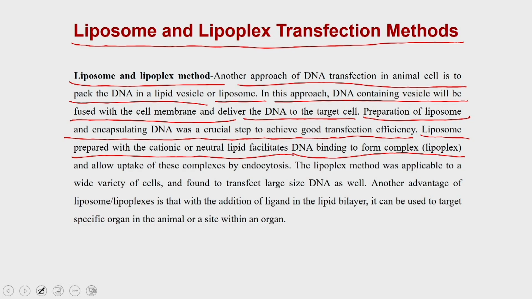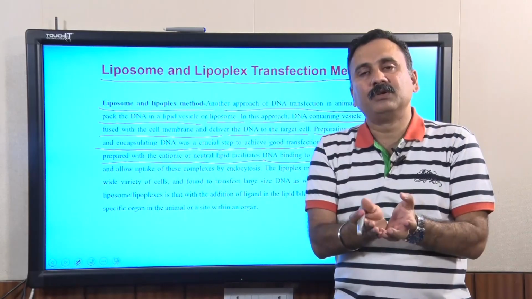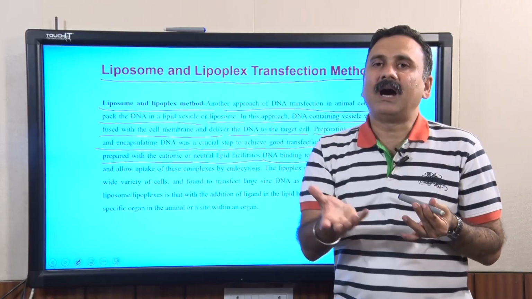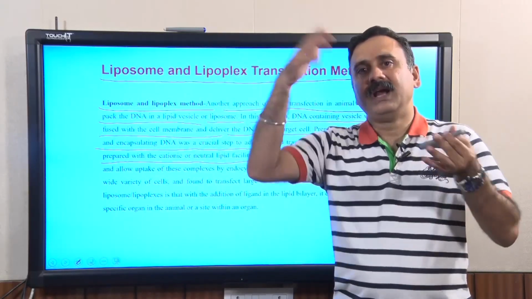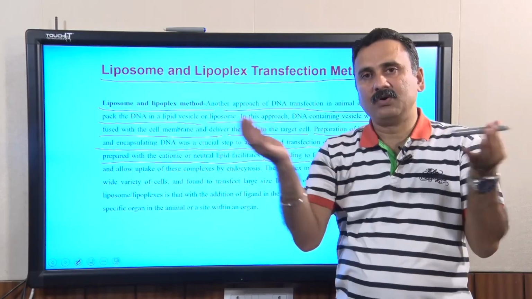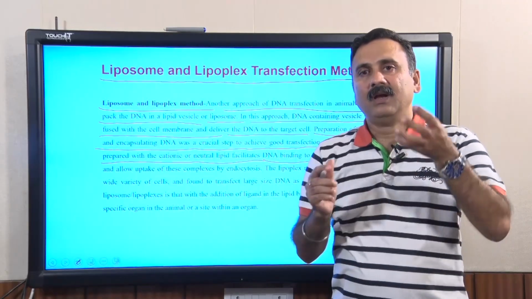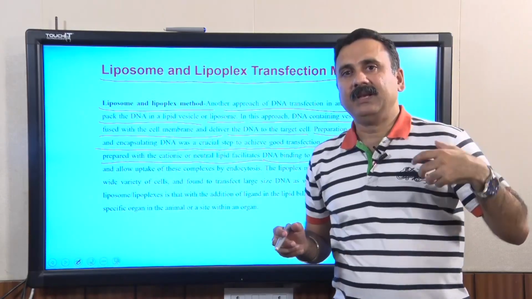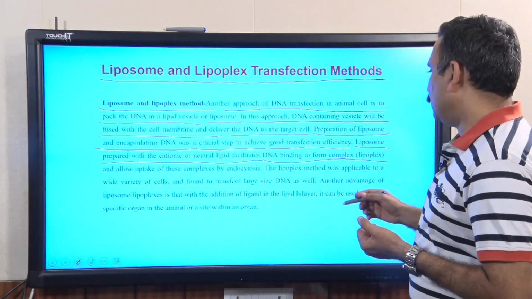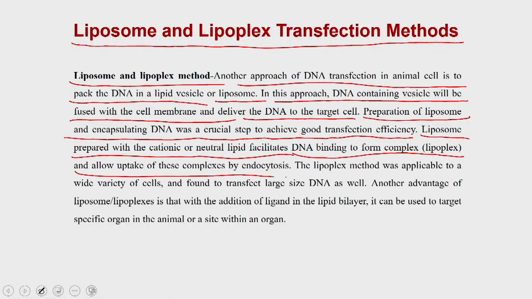If you take cationic lipids, which means positively charged lipids, while making the liposomes, they will attract the negatively charged DNA, and the DNA will aggregate onto these vesicles. The vesicles are then taken up by the cell very easily through a process known as endocytosis.